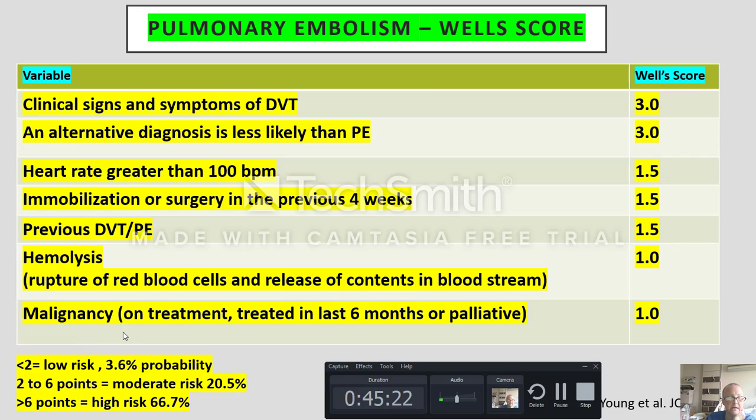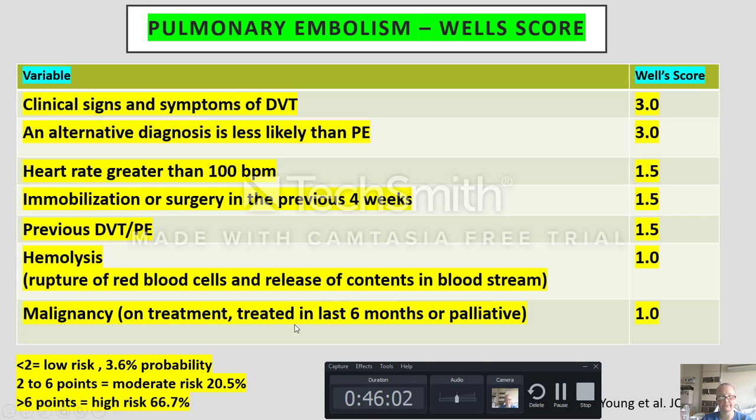And a malignancy on treatment or treated in the last 6 months is a 1. So none of these factors are higher. The only one that's higher is clinical signs and symptoms of DVT. And alternative diagnosis is less likely than a PE is a 3. So that's in the moderate risk. Everything else is in the low risk.